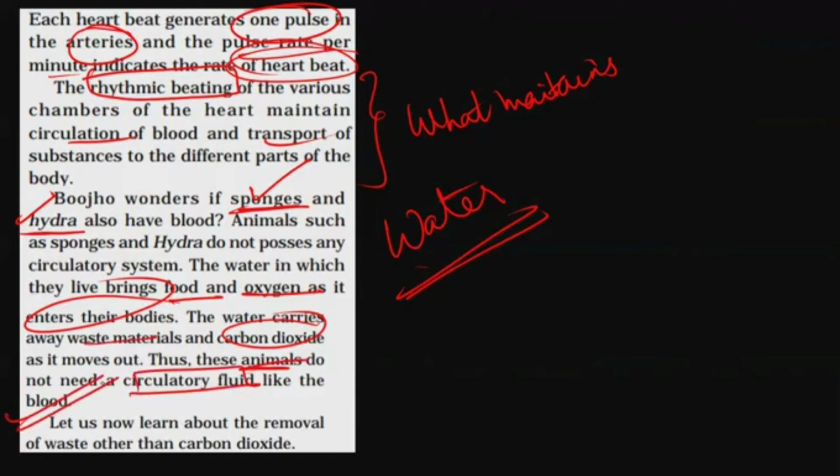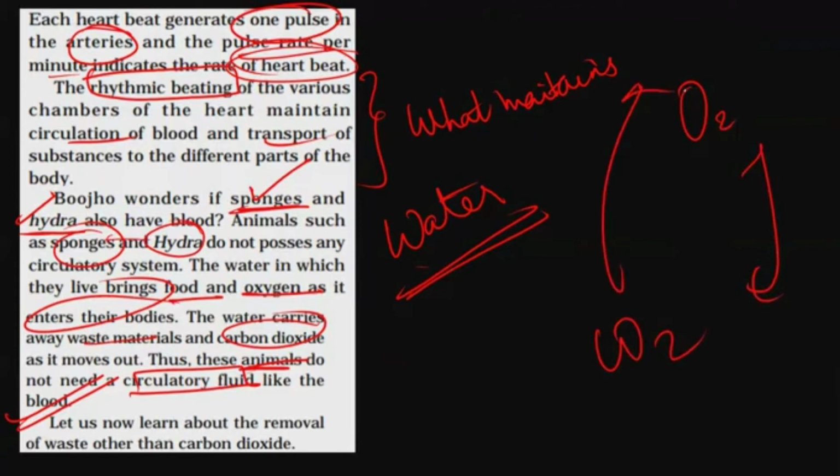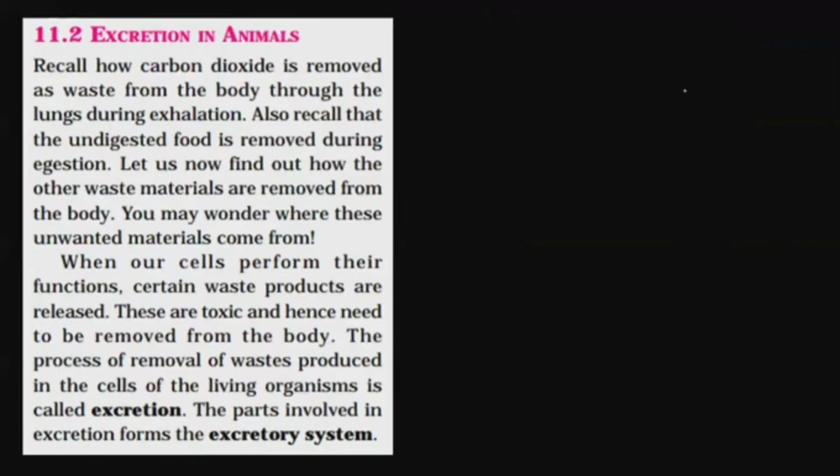Humans need it, but they don't need it. So they can of course ask this question as a reasoning question, but you can also learn that hydra is an example of sponge. Okay. Now, we learned how oxygen-rich blood is transported, why it is transported, but how is this carbon dioxide-rich blood taken away? So we will learn that.